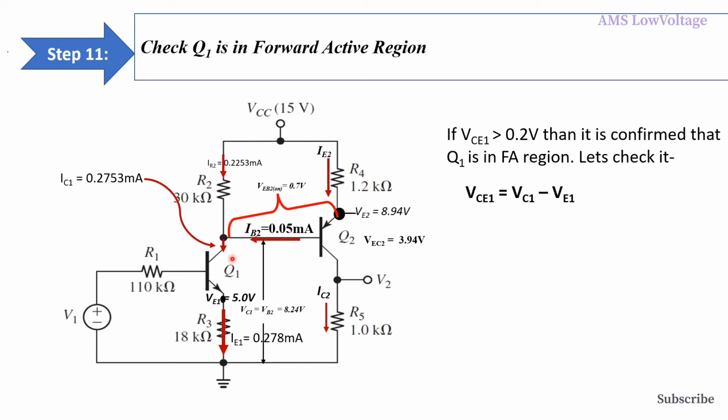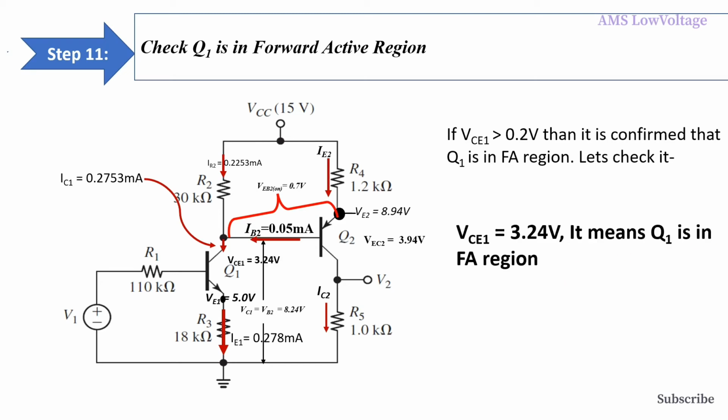Putting in the values, VCE1 is 3.2 volt. That means transistor 1 is in forward active region.